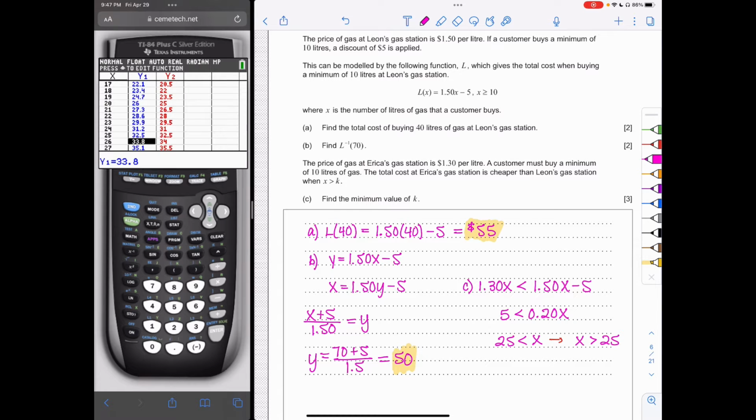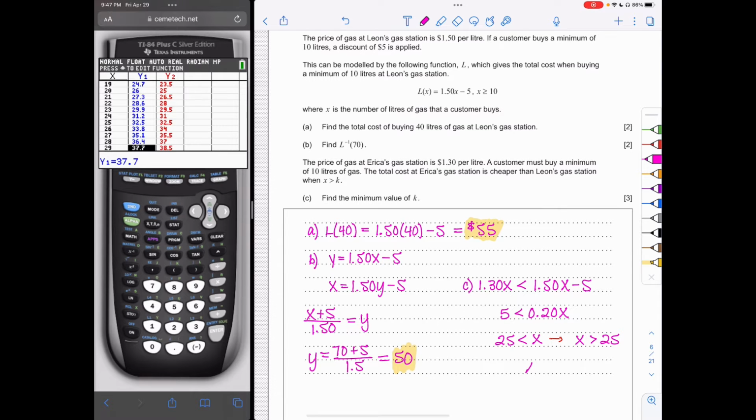So I can see that as long as the x value is greater than 25, because 25 is where they are the same. So as long as x is greater than that number, that means that Erica is going to end up having a cheaper amount to pay for the same amount of gas. All right, so in other words, here we can say that x was equal to 25.